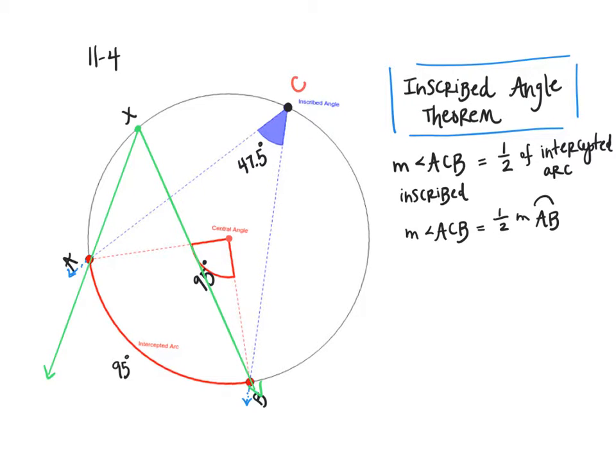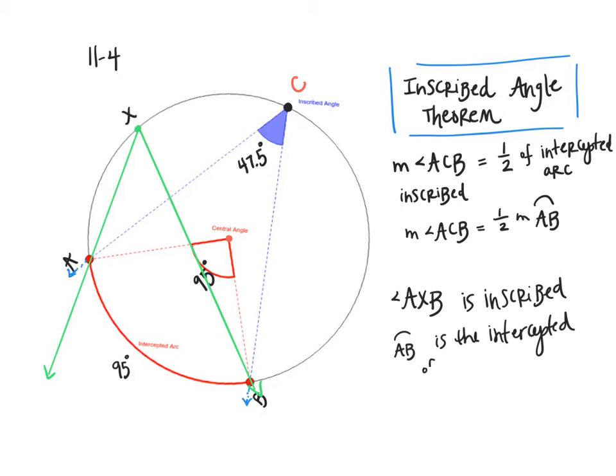Do you notice that angle AXB is inscribed? And do you notice that it has the same intercepted arc? Arc AB is the intercepted arc of that angle, and the angle is angle AXB.